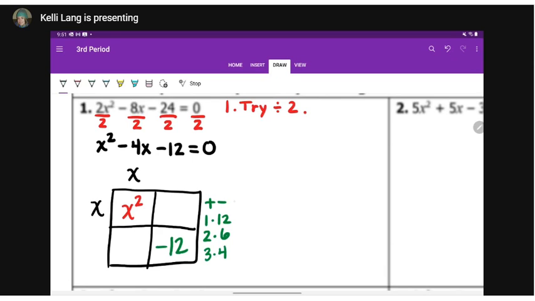Since it's a positive and a negative, our signs are different. We are looking for a difference that equals this middle term, negative 4x. So go down your list and try to find 2 numbers that have a difference of 4. 2 and 6 have a difference of 4, so let's use those.